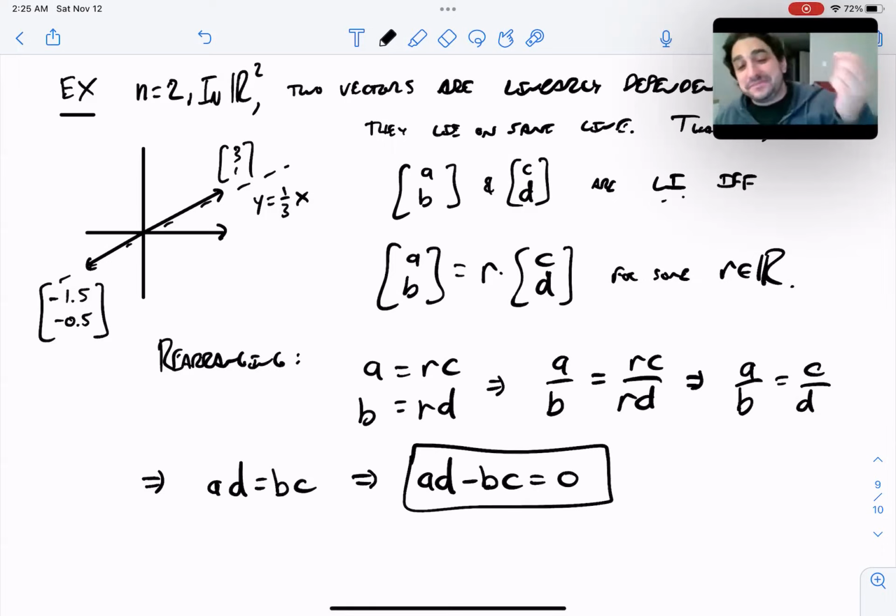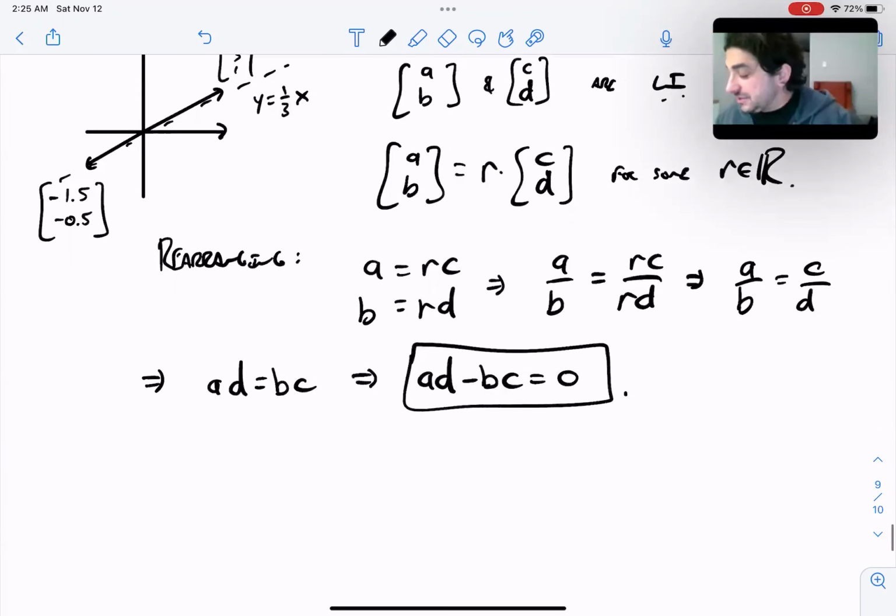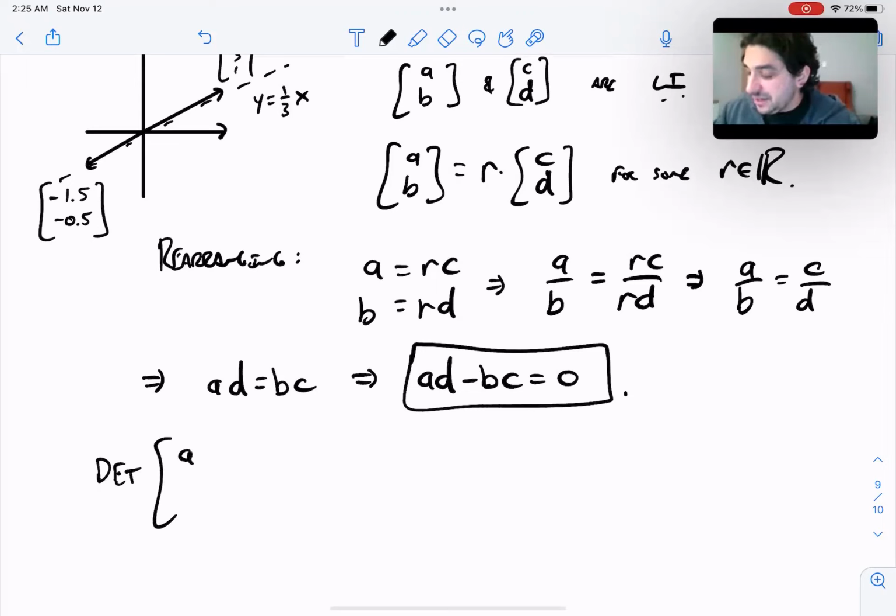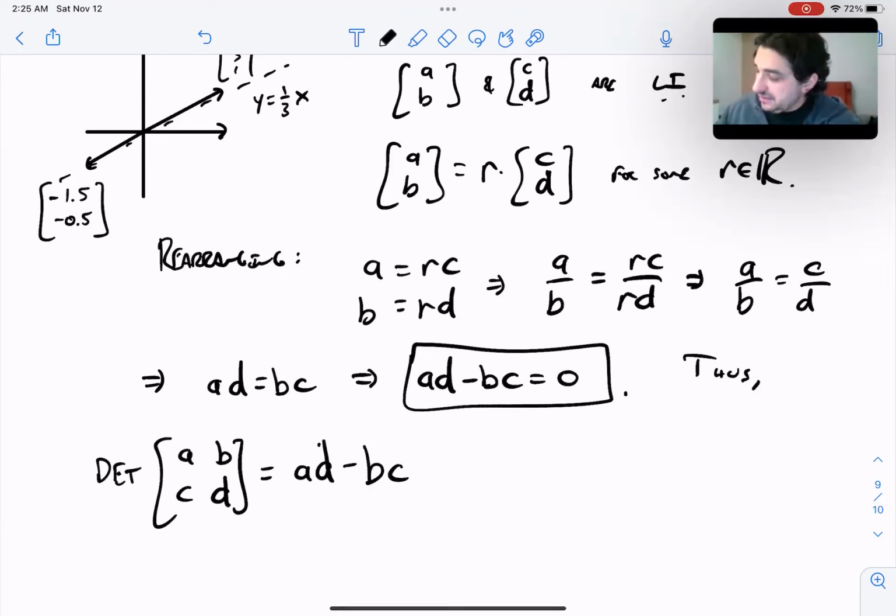Apparently I'm allergic to 2 by 2 determinants. This is a quantity that is 0 if and only if these vectors are linearly dependent, right? Beautiful. So this gives us a formula. You can say, okay, the determinant of a 2 by 2 matrix with entries A, B, C, D should equal AD minus BC.